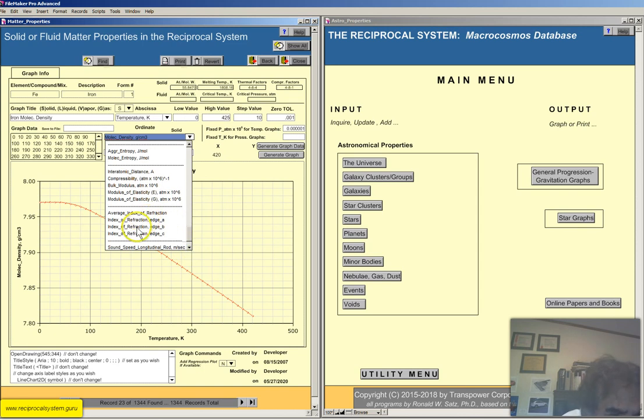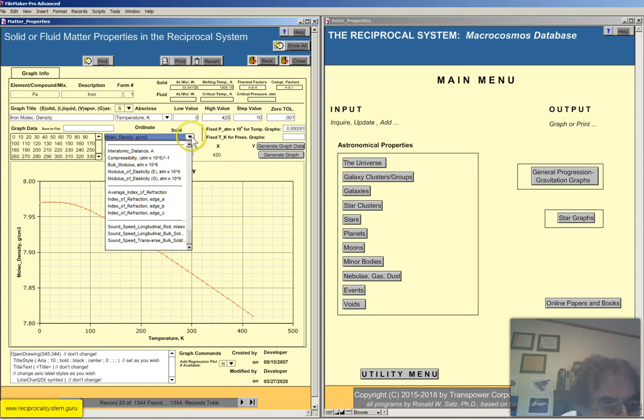Average index of refraction, edge A, edge B, edge C can be different in the cell. The index of refraction can be different. And then finally we have sound speed: longitudinal rod, meters per second, longitudinal bulk, whatever that is, and transverse bulk. Solid.